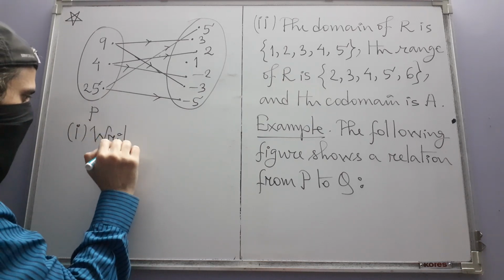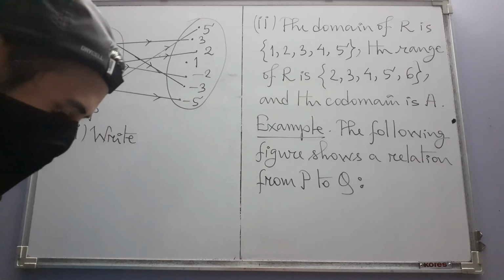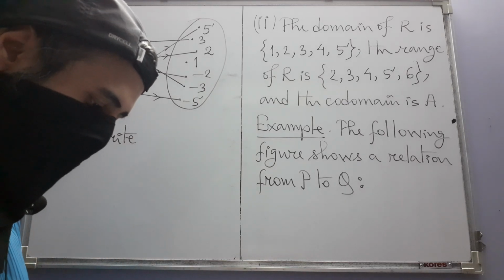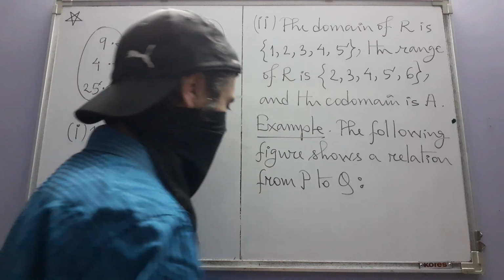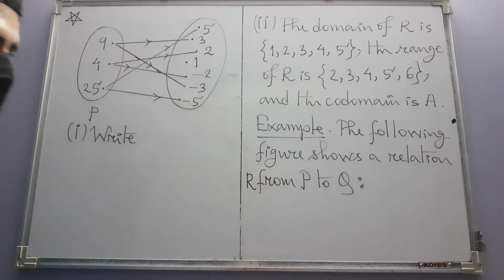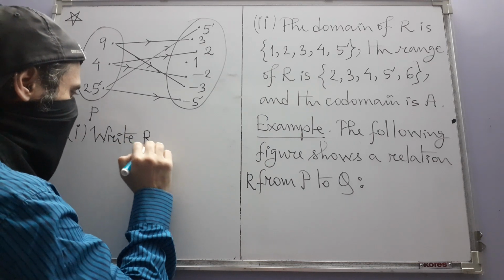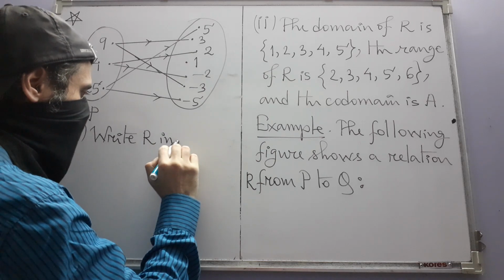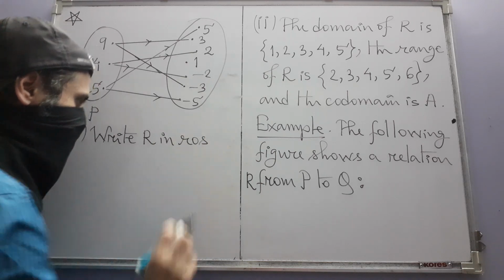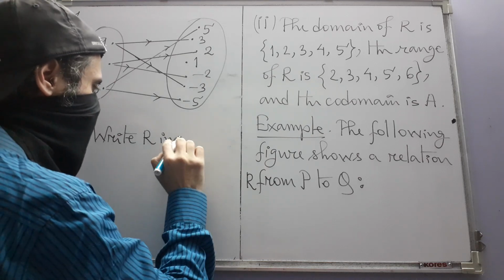It will be nice to already give this relation some name here itself. Say I call it R, so that here again you do not have to write let R be the relation. Write R in roster form, or the first one is set builder form.